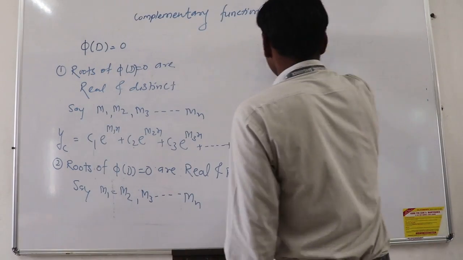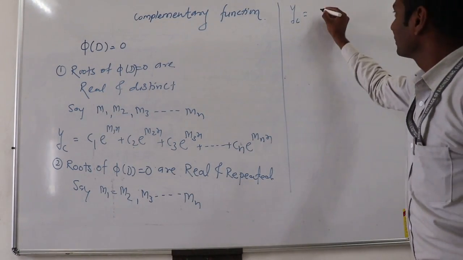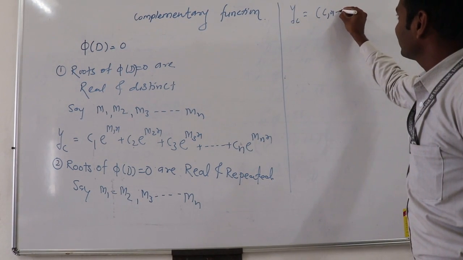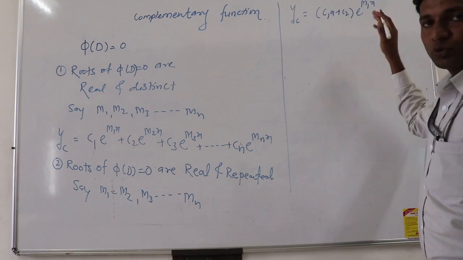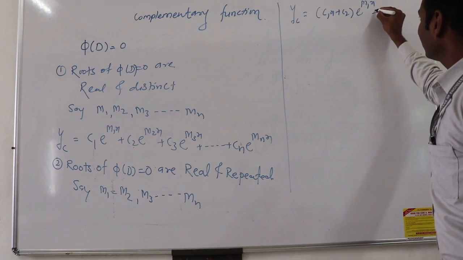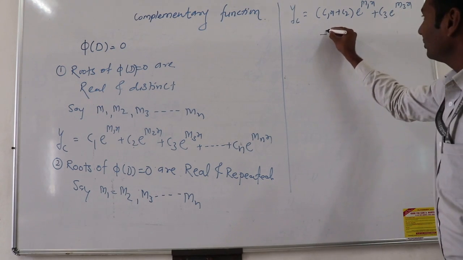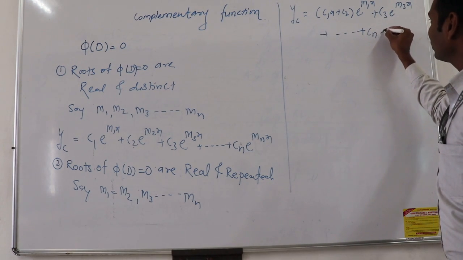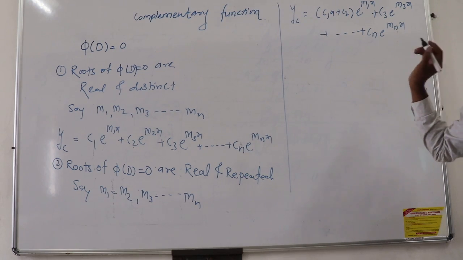Then its complementary function is yc is equal to (c1 x plus c2) e raised to m1x, or m2x, both are equal, plus c3 e raised to m3x up to cn e raised to mnx, again the case for real and distinct.